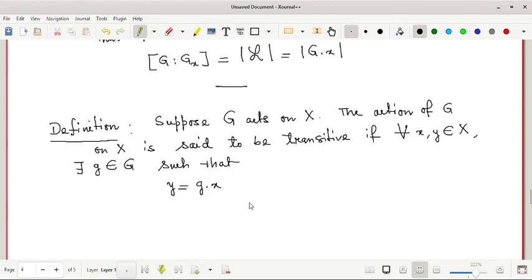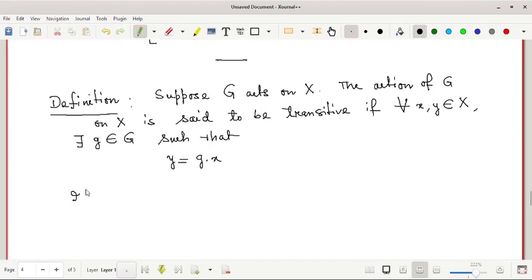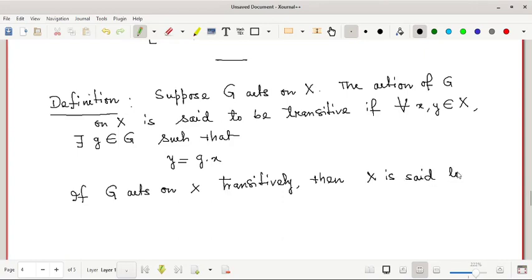And we say if G acts on X transitively, then X is said to be a homogeneous G set.